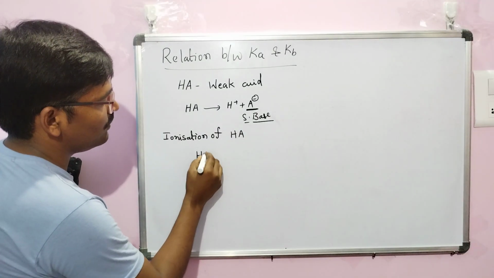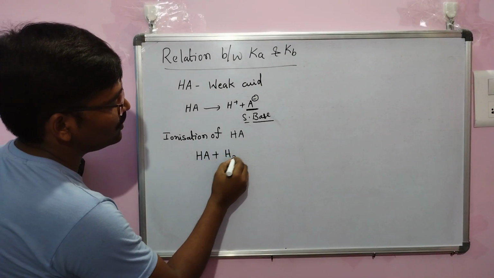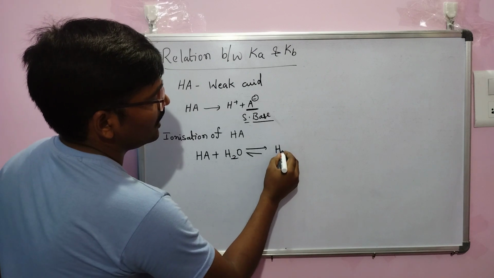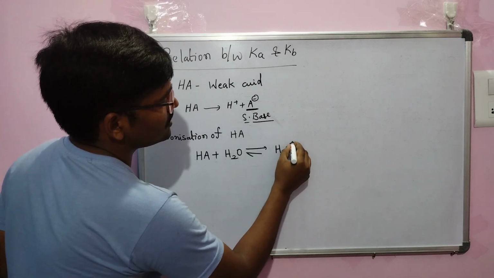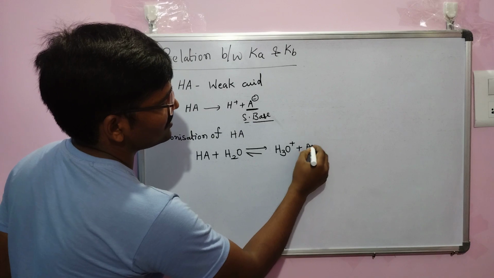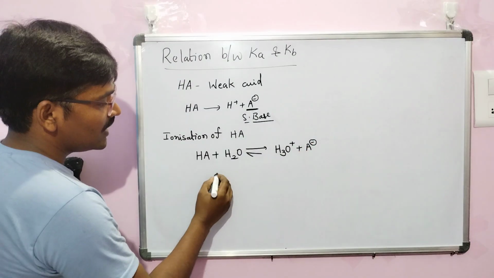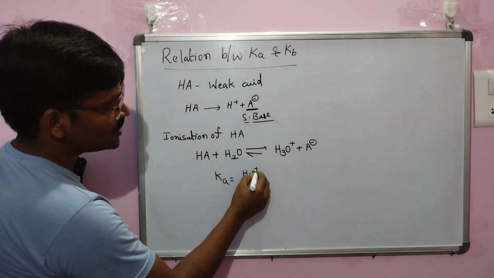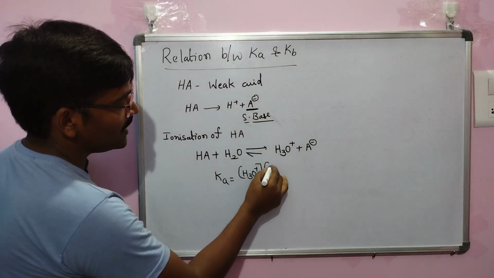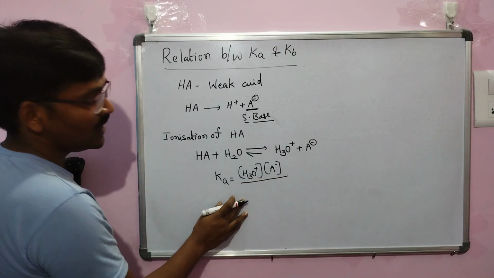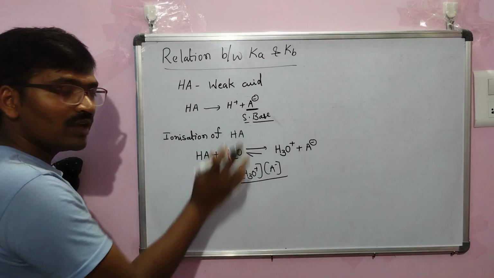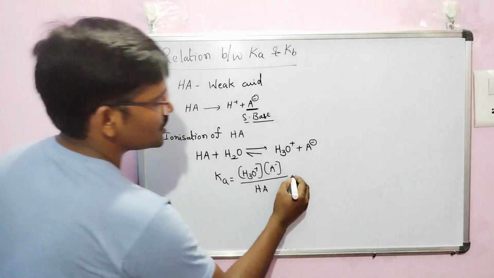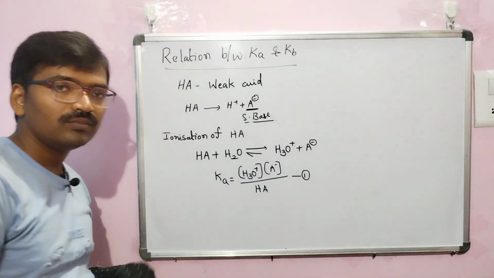If you take an excess amount of water, ionization takes place and H3O plus and A minus are formed. If you want to write Ka, it equals H3O plus concentration into A minus ion concentration divided by HA concentration. The excess water is not taken. Assume this is equation number 1.